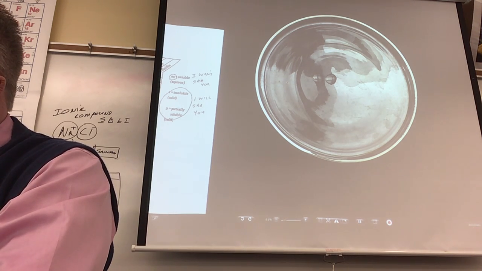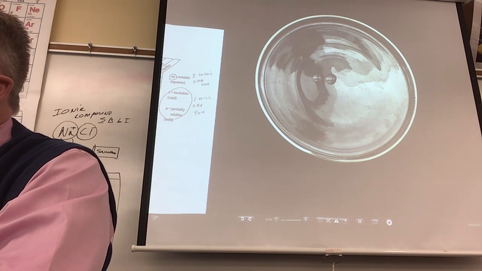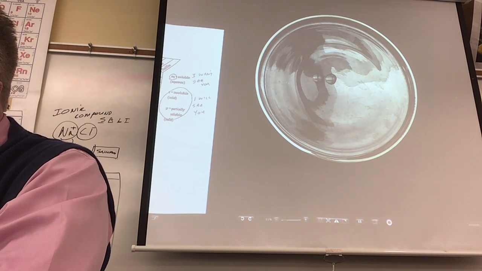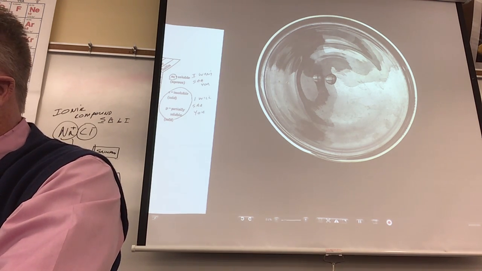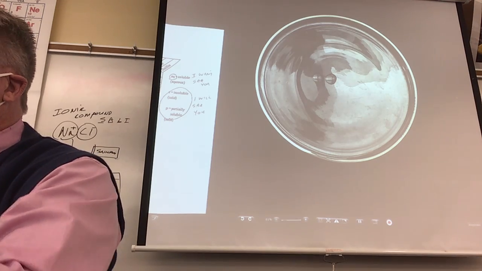Products would be potassium iodide. How do you write that formula? KI. Okay, and then what else? Plus sodium nitrate. How do you write that? NaNO3, right? Does everybody have that?